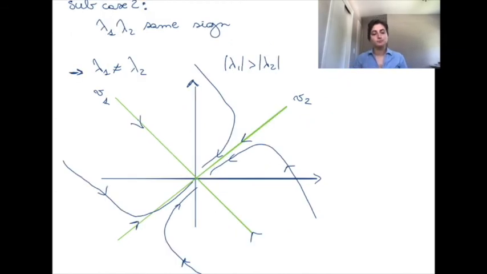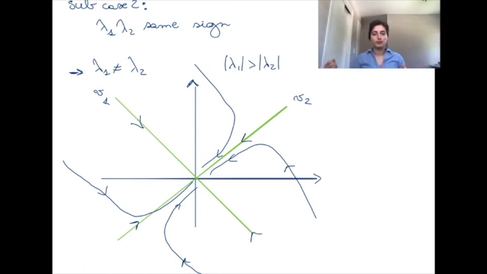Then the next option: lambda 1 and lambda 2 are different, but they have the same sign. Here I'm assuming that the sign is negative, so everything goes towards the fixed point. If you're exactly on v2, you're going towards 0, 0. If you're exactly on v1, you're going to 0, 0. But what happens outside of these options?